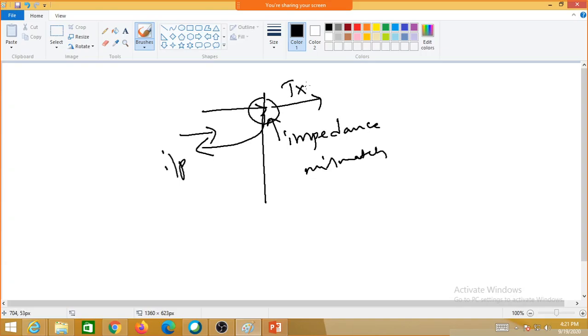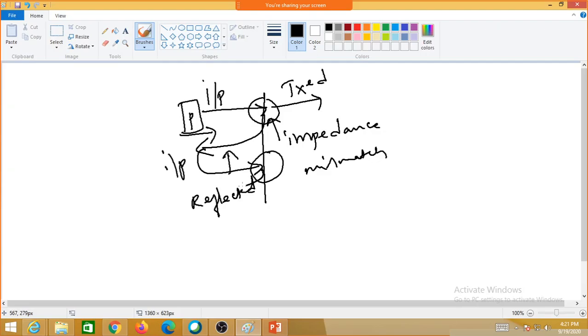So this is the input signal, this is the transmitted signal, and this is the reflected signal. Then at the port side, if there is any mismatch, this wave is reflected again and comes back here. And again if there is a mismatch here, it will come back again.